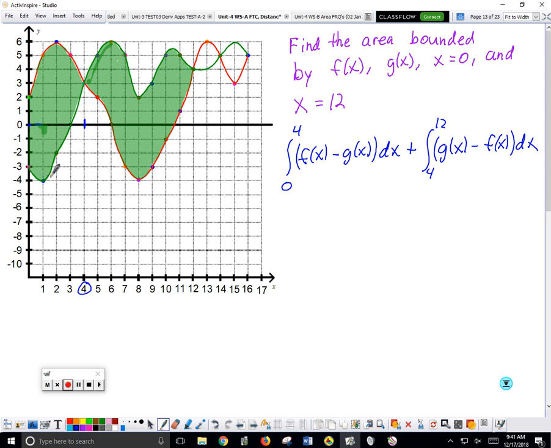The function forming the bottom of every rectangle is g. So that first integral is f subtract g. But then I've got to still find all of this area, which begins at x equals 4, ends at x equals 12.